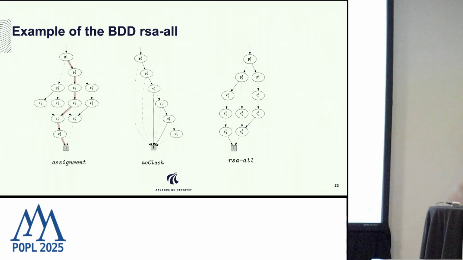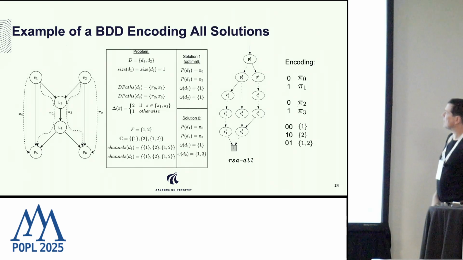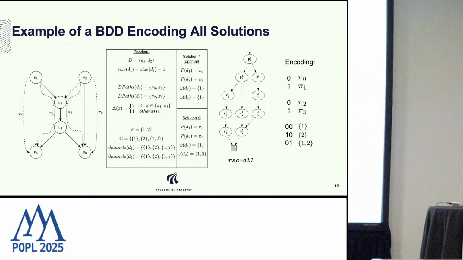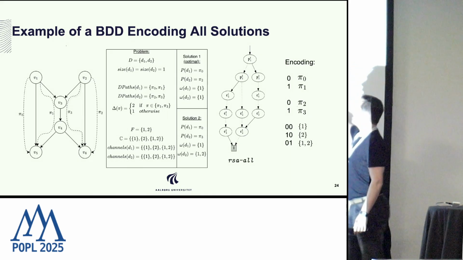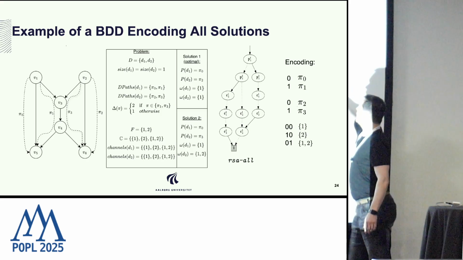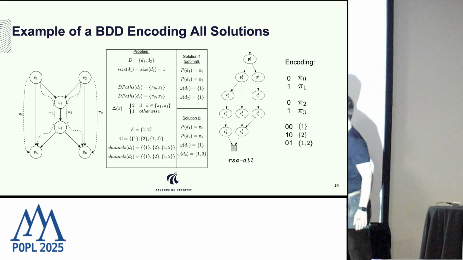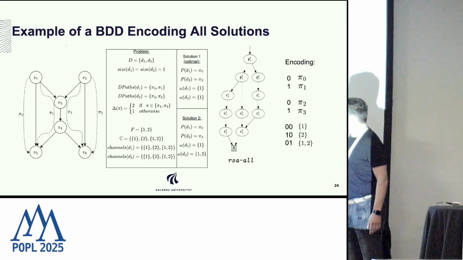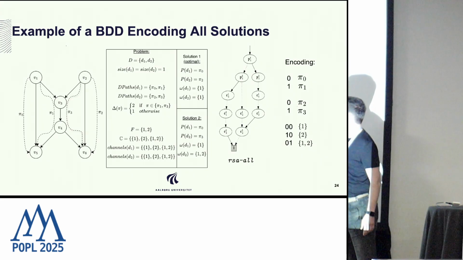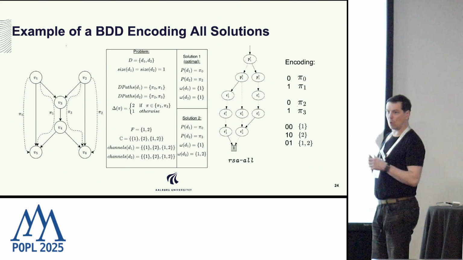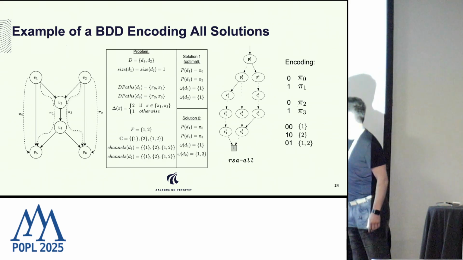When I keep it here and I go to my example, I can, for example, see how solution 1 is encoded. Solution 1 should be the path pi 0, which is 0. That's this. The other is pi 2, which is 0. So we are getting here. Here you can see that the first bit of the first channel is skipped, so it can be 0 or 1, and the second one has to be 0.